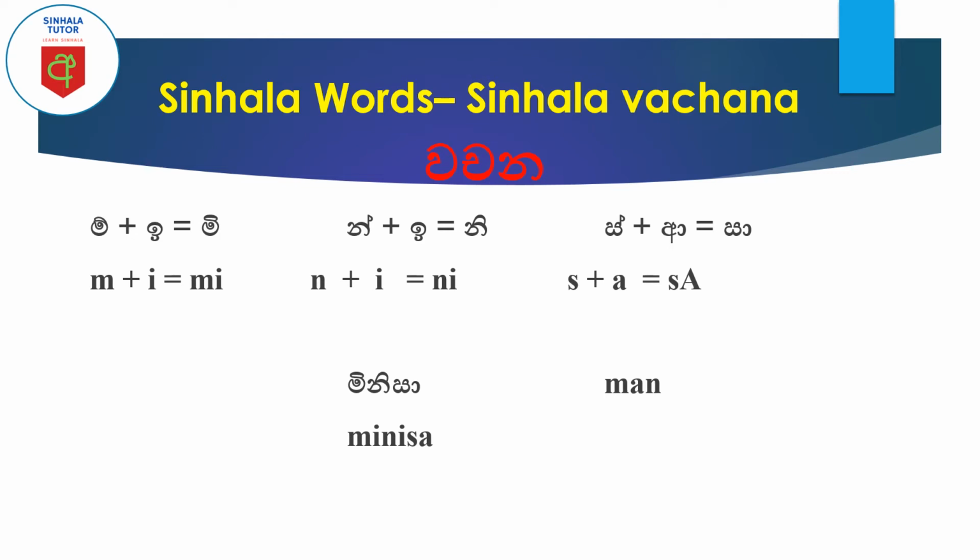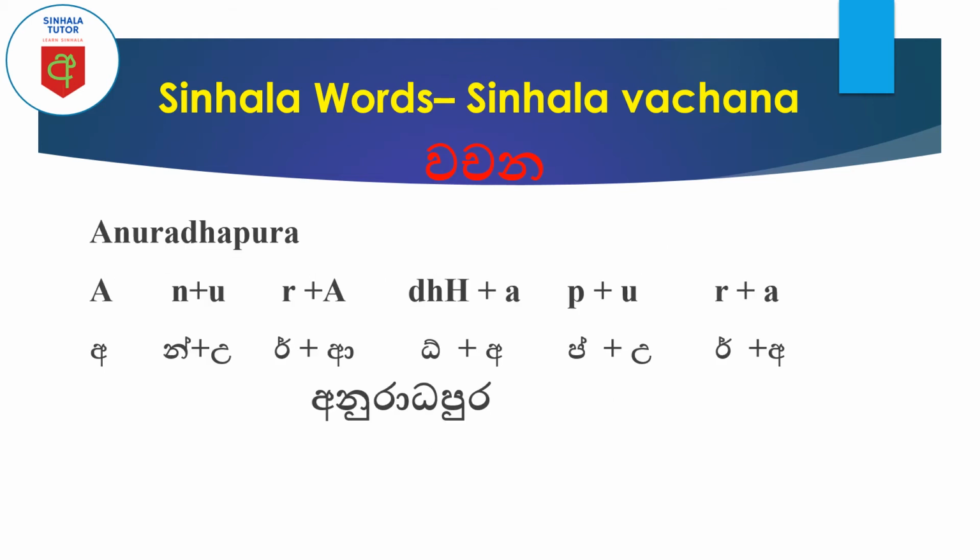Let's make another word. What is the next singular word? Vachana is singular, and we will discuss plural later. So let's see how to write Anuradhapura in Sinhala. There's no consonant at the start; the vowel comes as the letter.